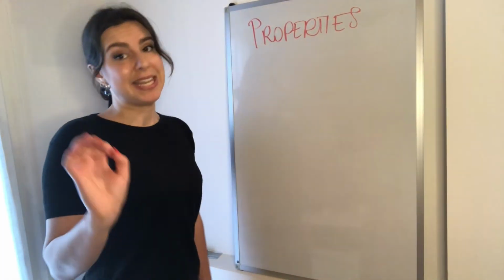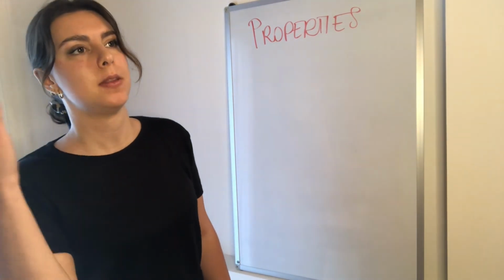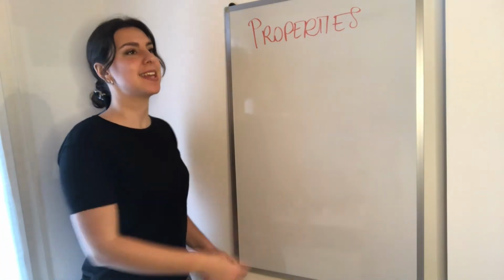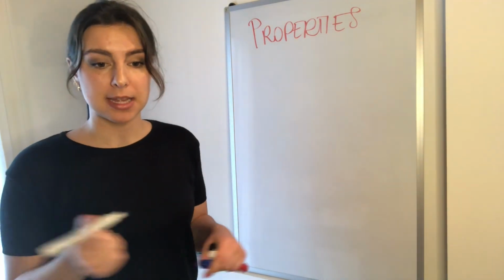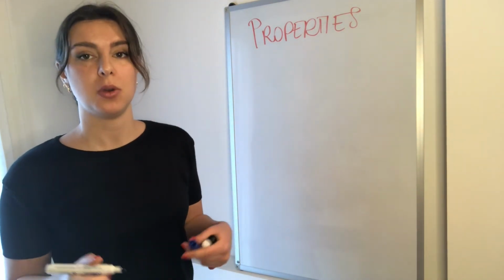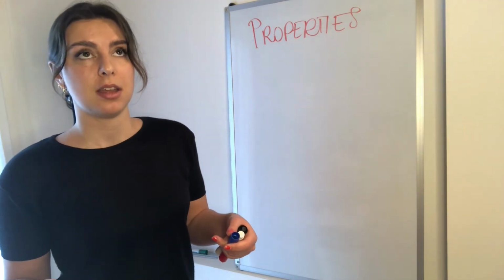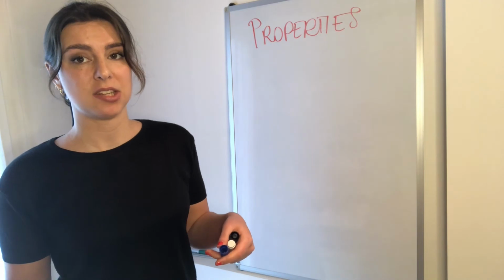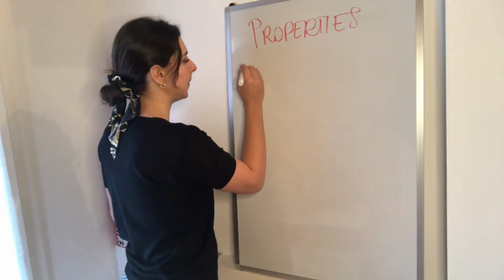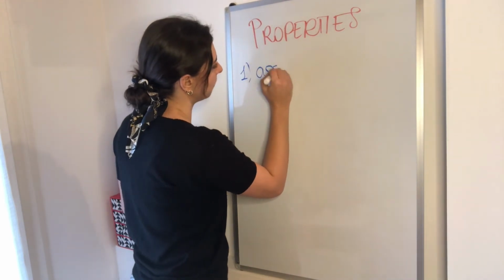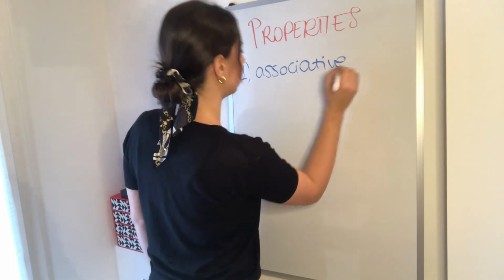Last but not least, let's talk about the rules, aka the properties, and the first one is my favorite one because I still don't know how to pronounce it, and it would be associativity. Yeah, not going to happen, but at least I know how to write it.